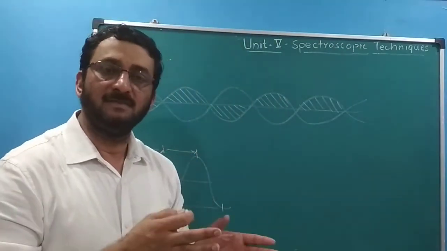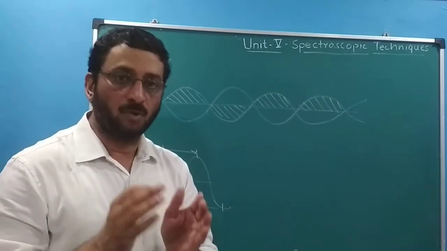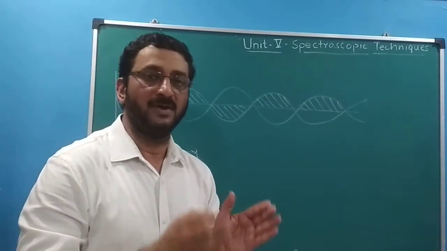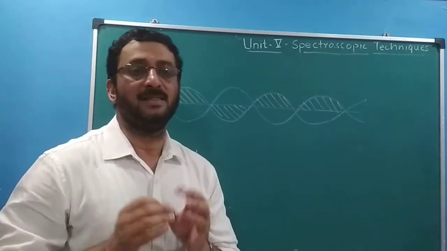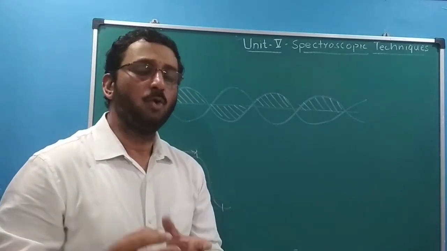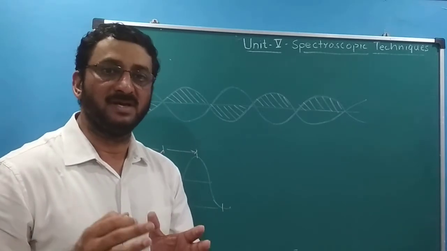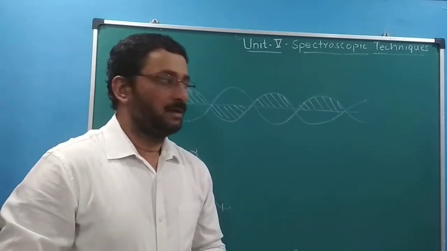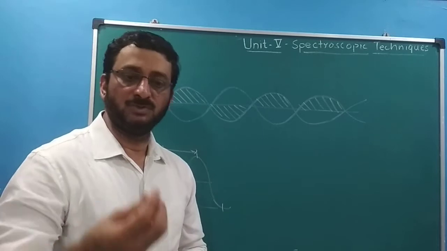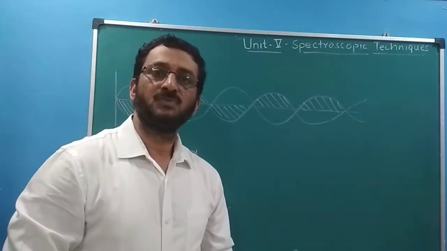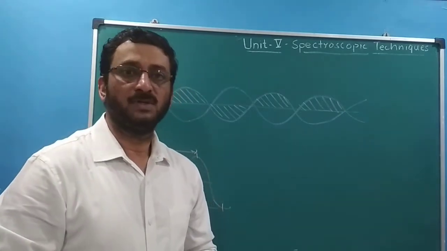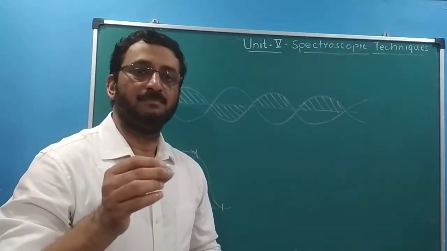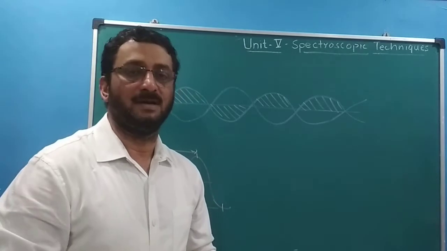So what are the traditional methods of qualitative and quantitative estimation? Conventional methods were mainly chemical analysis. What goes in chemical analysis? Suppose this is a sample we want to detect. We start with the color and state of the sample. We check the solubility of the sample.